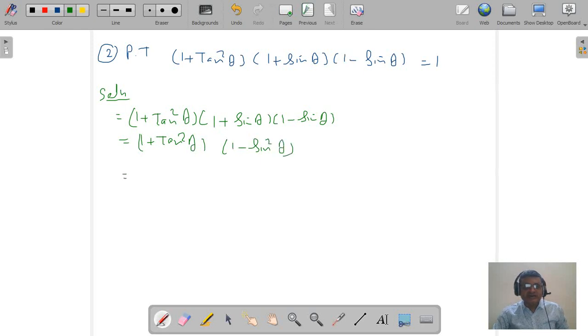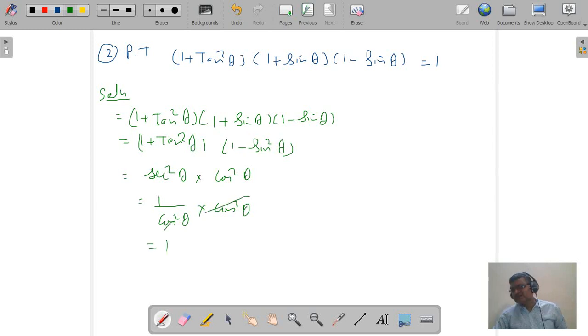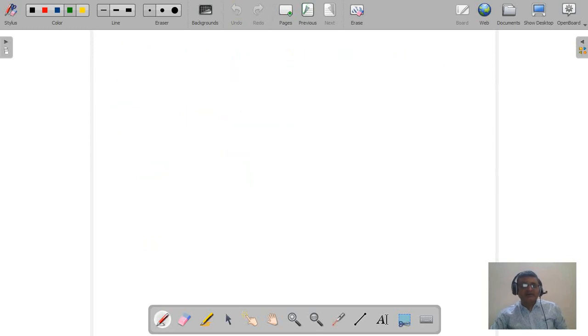So we are using identity here. This will be equal to sec square theta, and this will be equal to cos square theta. So this is nothing but 1 upon cos square theta into cos square theta. These two get cancelled, so the answer is 1. So now you can see how we are using the identity formulas to solve these types of questions. Now we are moving to the next question.